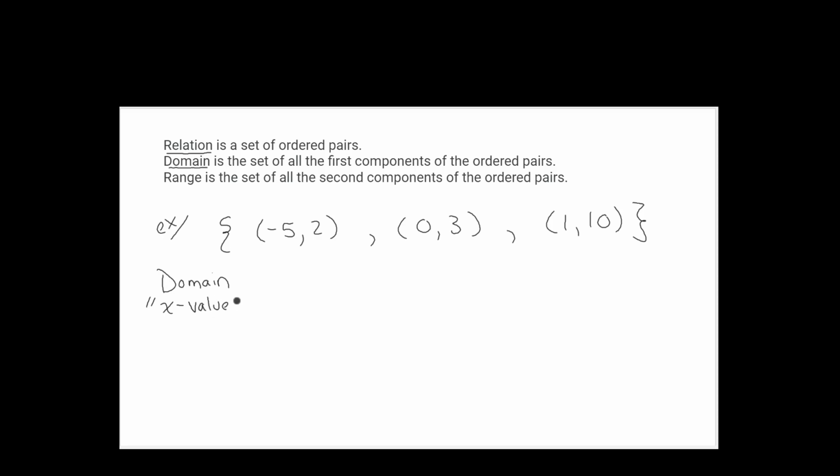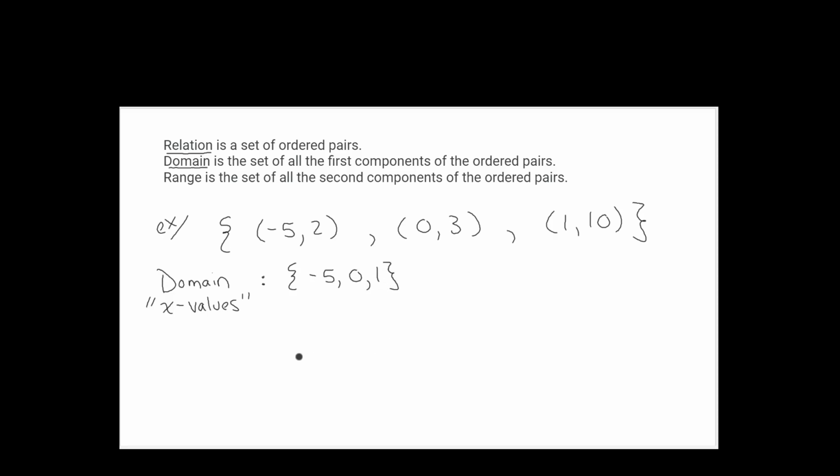So we're going to look at all the x values for our domain. And when we look at it, we got -5 here, we have 0, and we have 1. Because it's a finite number and we're just listing them, the easiest way to list them is to put it into set notation.